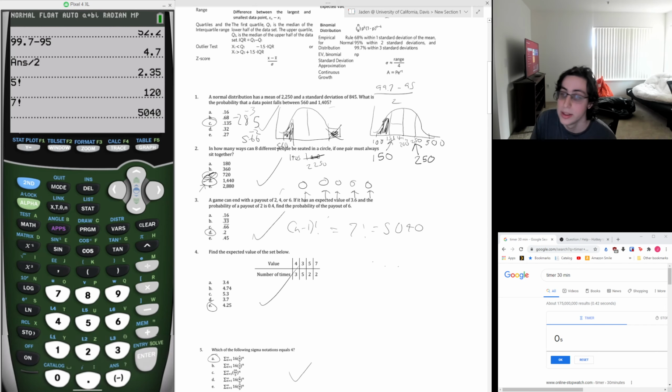For this, there is something else that they confound us with. If one pair must always be seated together. So that means, if you can imagine it, we have 1, 2, 3, 4, 5, 6, 7, 8. And these are all different people. So let's say A, B, C, D, E, F, G, and so on. But these 2 people always need to be seated together.